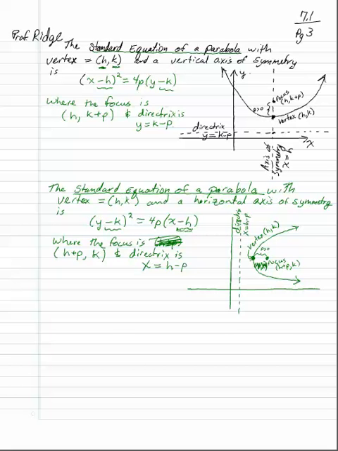And now since this p is still the distance from the vertex to the focus, and since this has a horizontal axis of symmetry, that's going to be y equals whatever the y coordinate is. So in this case, it'll be k.